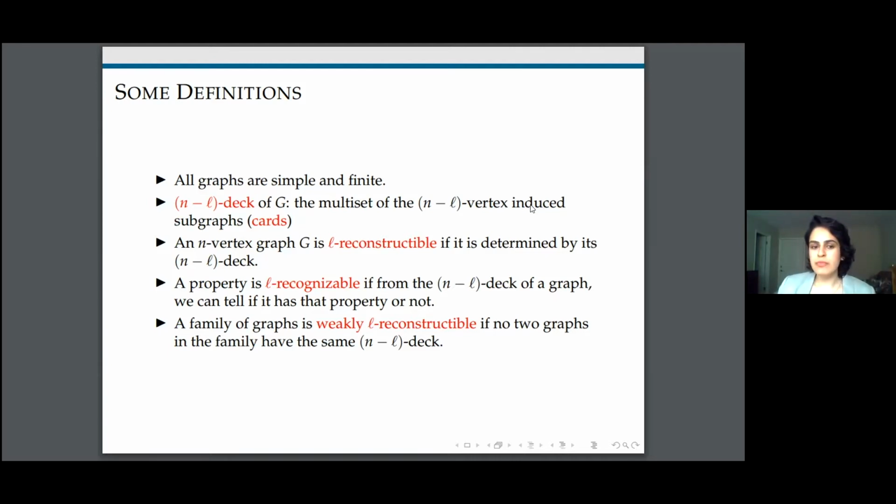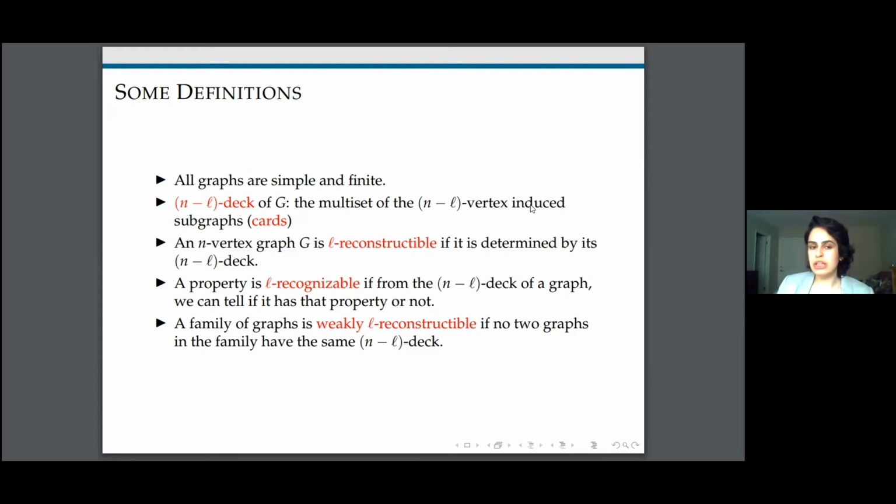That's why an n-vertex graph G, we call it L-reconstructible if, by looking at its n minus L deck, the set of all the subgraphs that we get by deleting L vertices, we can put the pieces back together and reconstruct the original.